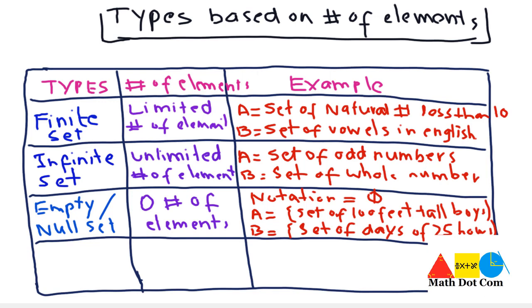The last type of this category is the singleton set. Singleton set, as its name indicates, single means one unit. So how many elements will there be?